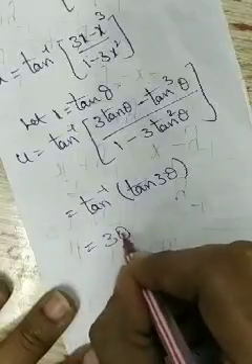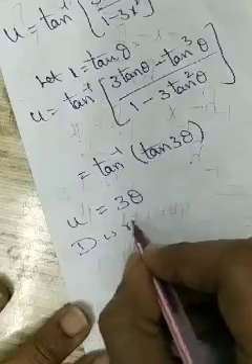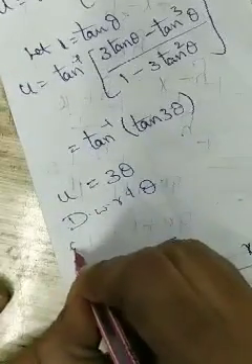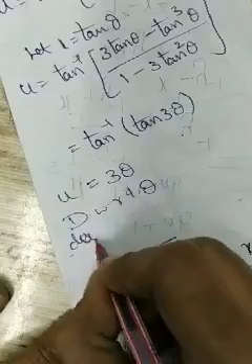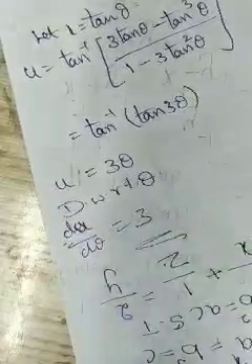Tan inverse gets cancelled, so u is equal to 3 theta, differentiated with respect to theta. So du by d theta is equal to 3.